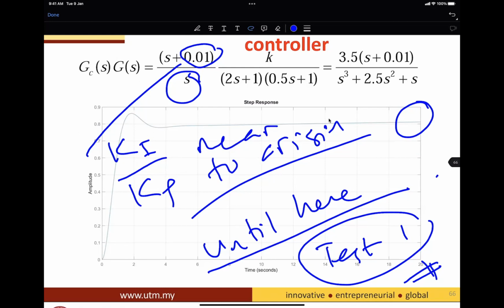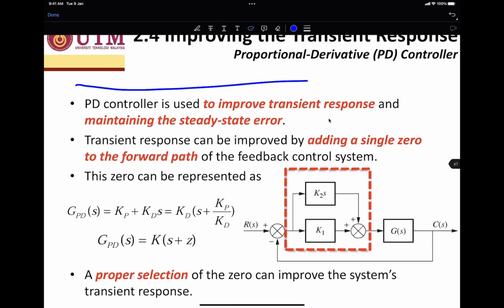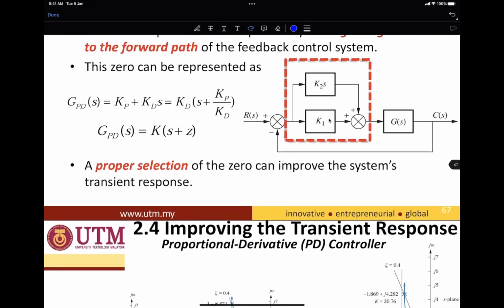We already discussed the test 1 questions, so I looked over it. It is until PI. PD we will discuss after Raya, and then we will discuss past year test 1. Meanwhile, you can read while eating Raya cookies. If you don't understand, it's okay, I will explain to you later.